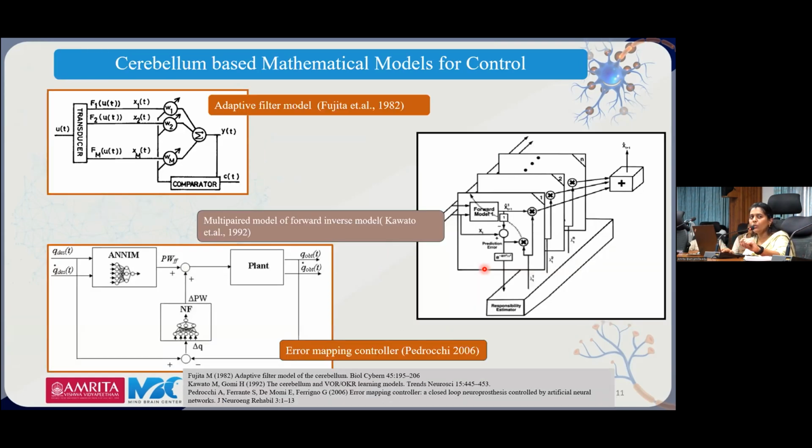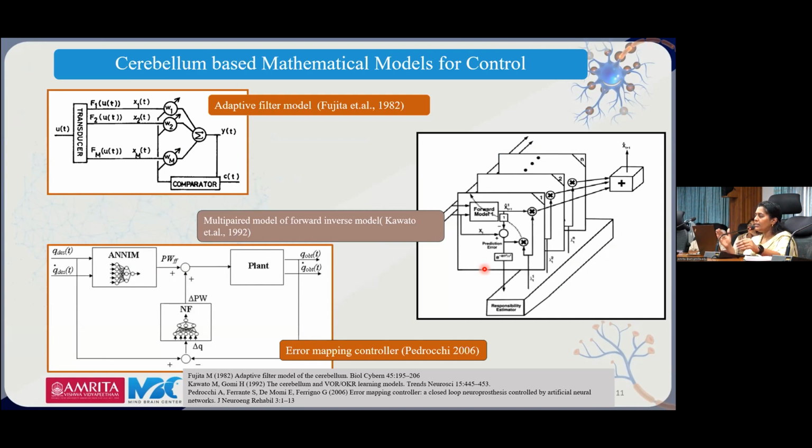And like I told you earlier, there have been different models associated, starting with the adaptive filter model, which suggested that the Golgi cell played a major role in the timing of the movement. That was the adaptive filter model. Then Kawato in 1992 put forward the multiple forward-inverse model.